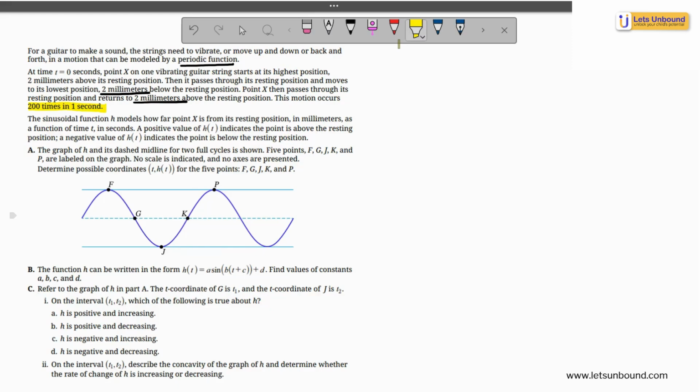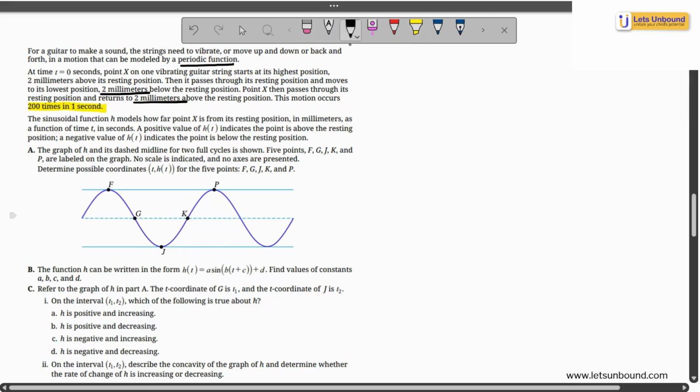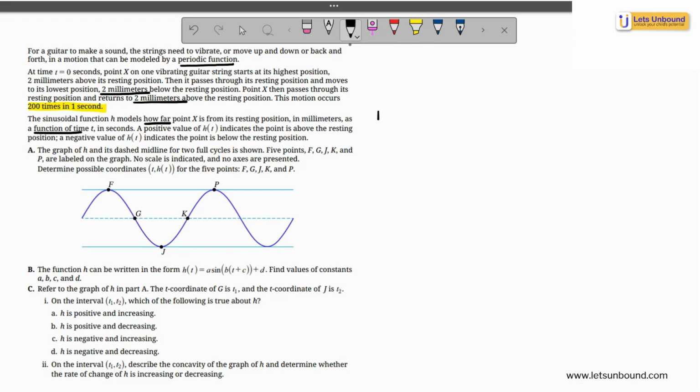The sinusoidal function h models how far point X is from its resting position, in millimeters, as a function of time. So it indicates how far, which is the distance, with respect to time. When I say h of t, h(t) stands for the distance at time t.